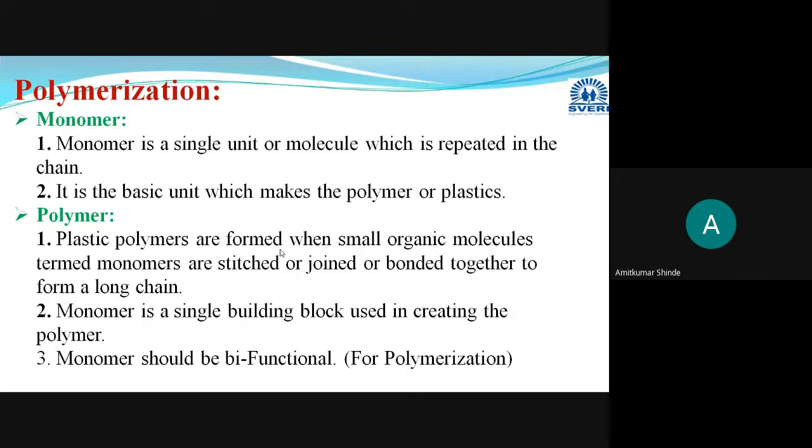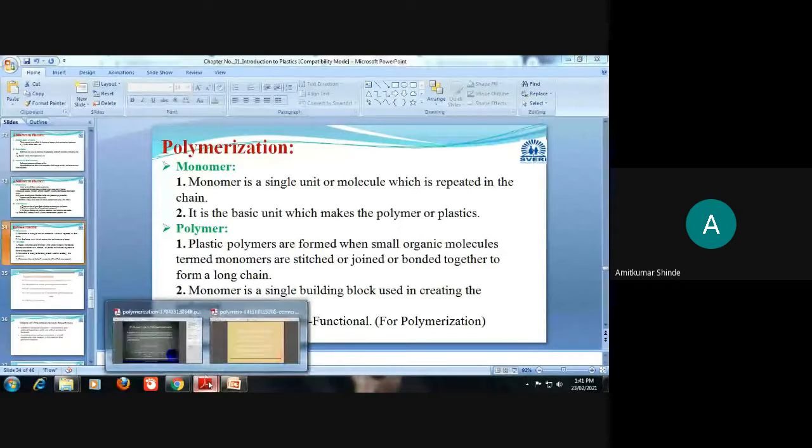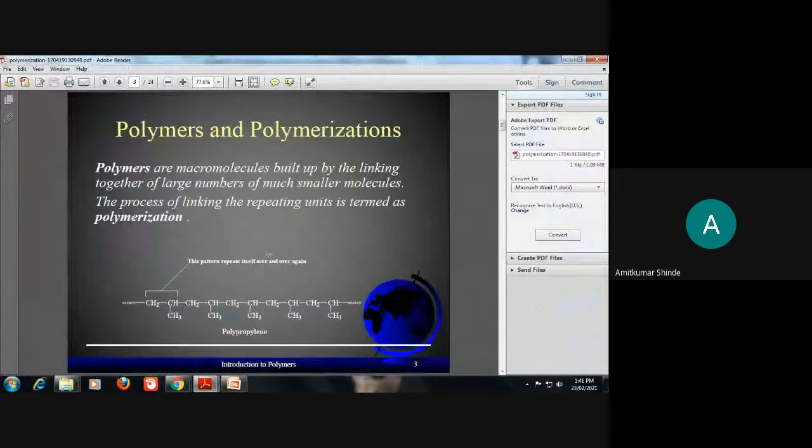For better understanding of monomer and polymer, I will switch towards one PDF file I have collected from slideshare.com. There is one presentation on polymers and polymerization. You can also collect it, or otherwise I will share this presentation at the end of this chapter.